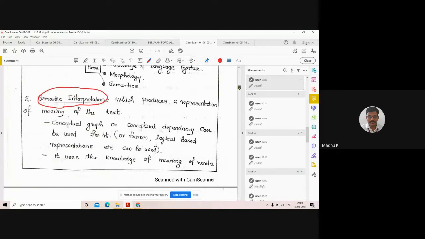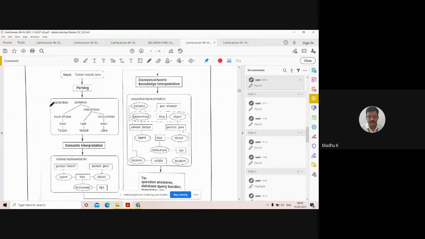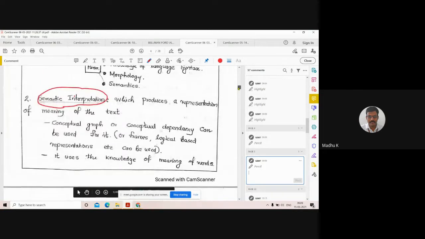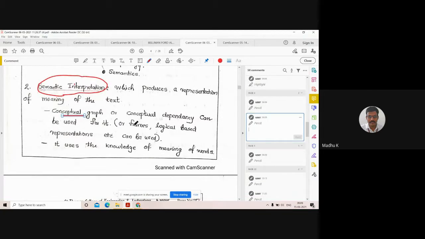The sentence is converted into its conceptual graph or semantic network, frames, etc. The sentence or text we are analyzing is converted into its internal representation: conceptual dependency, conceptual graph, or frames, semantic network, etc.